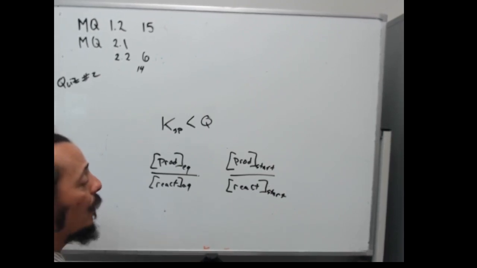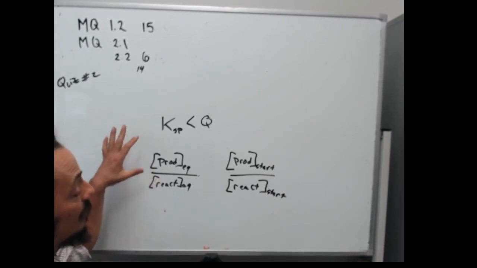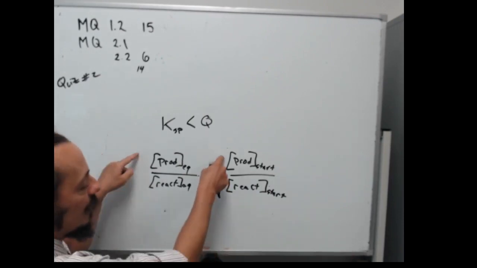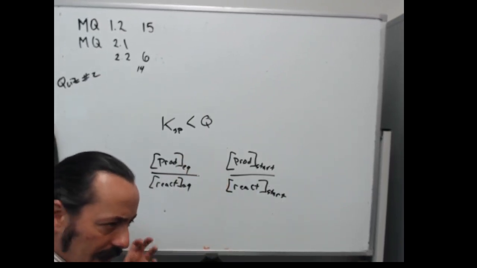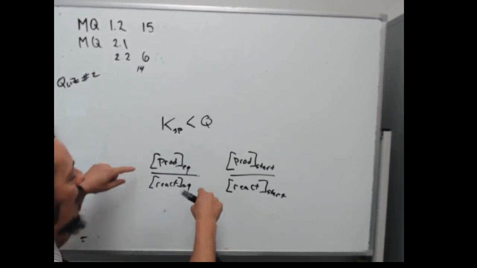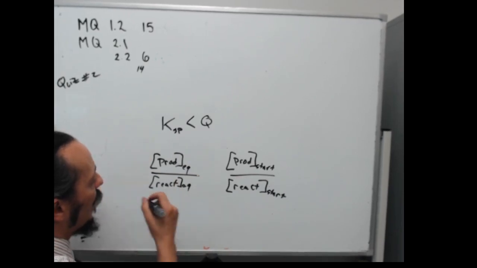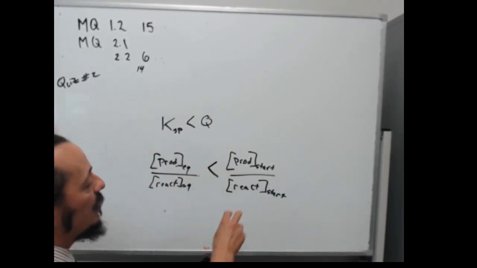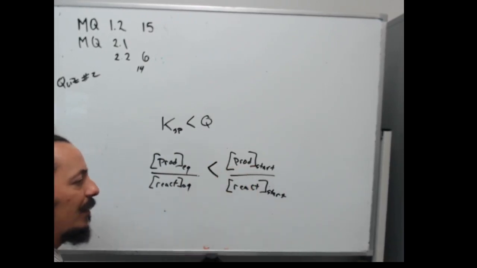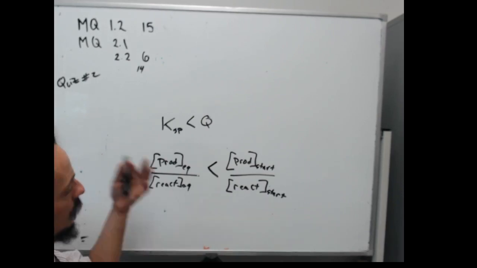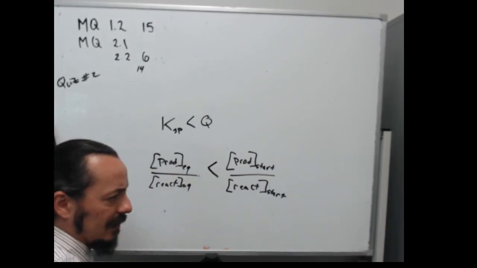Ratios are always hard for me, so I just focus on the numerators. I know it's not technically the only thing you could do, but if my KSP is less than my Q, that means my starting value has more products than I should have. How do I get rid of products? We are going to the left. Shift towards reactants, forming more solid.